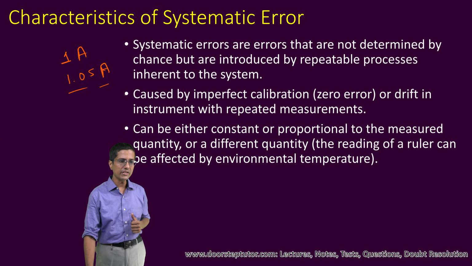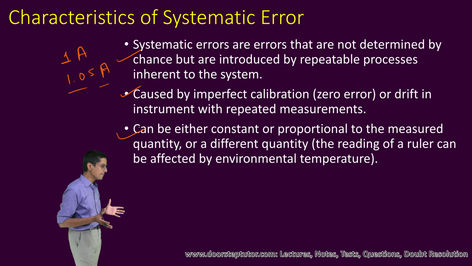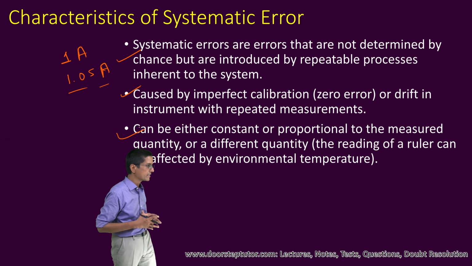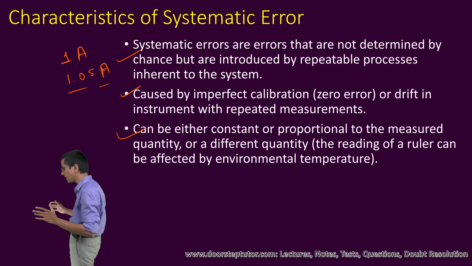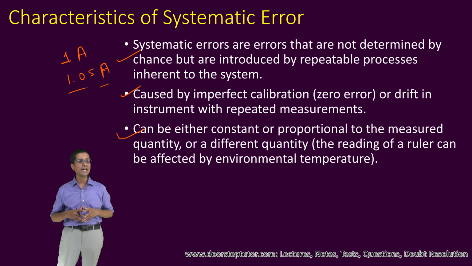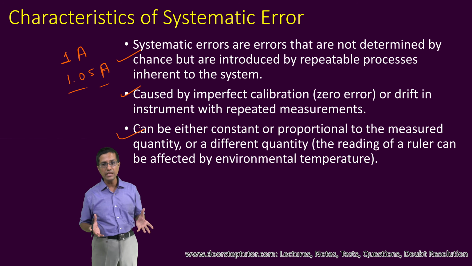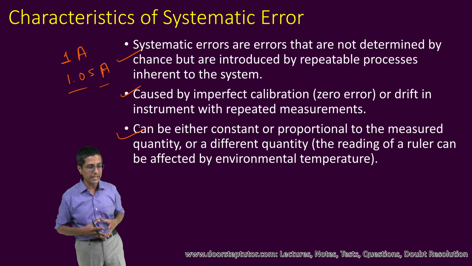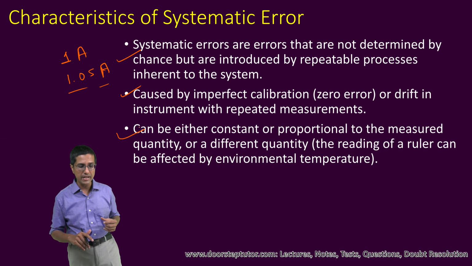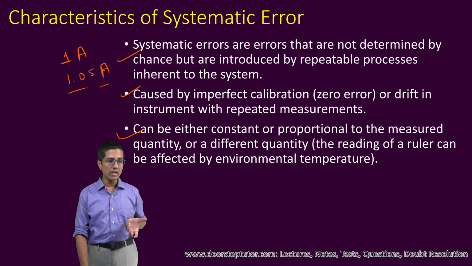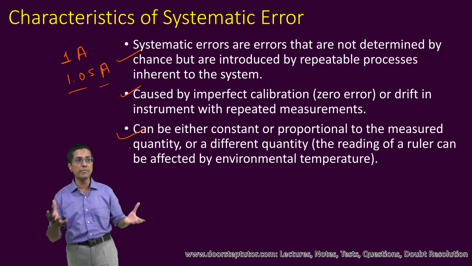So this is what we have discussed. The next thing is that sometimes systematic errors are not constant. The zero error that we have seen so far has been constant. Sometimes our systematic errors are actually proportional to our actual measurement, especially if my instruments deviate based on the environment that I am doing the measurement in.